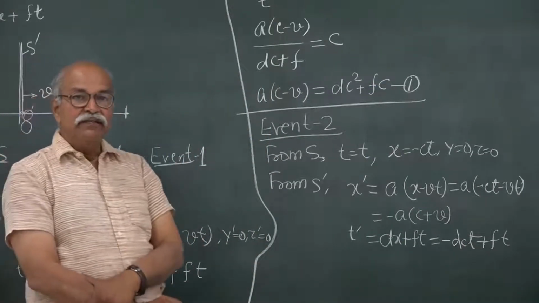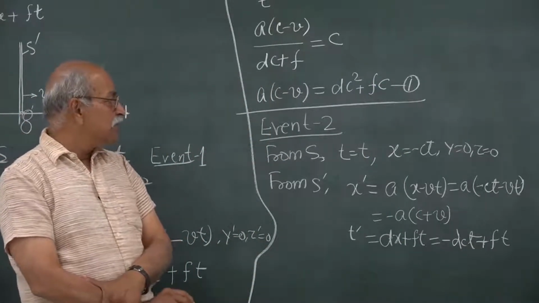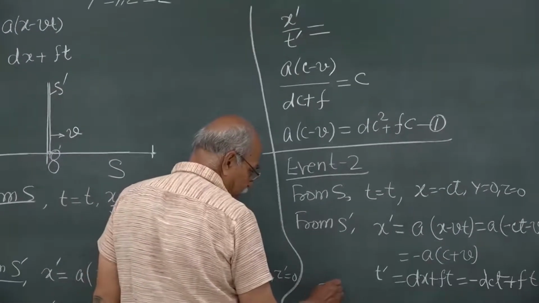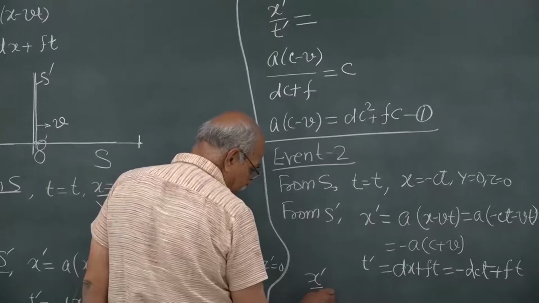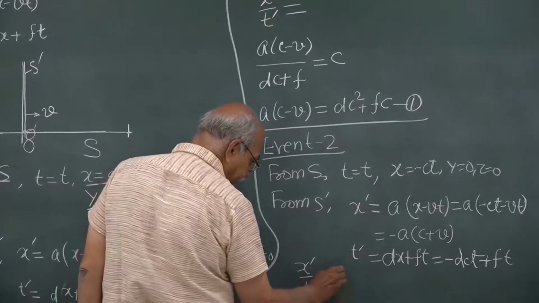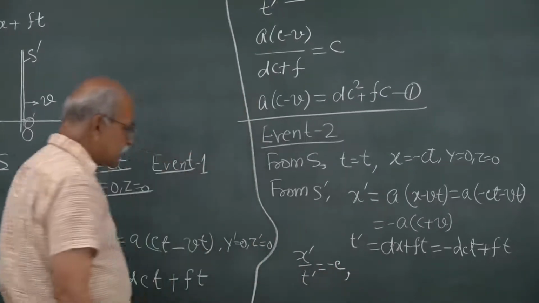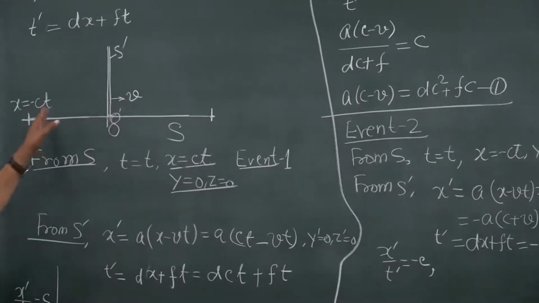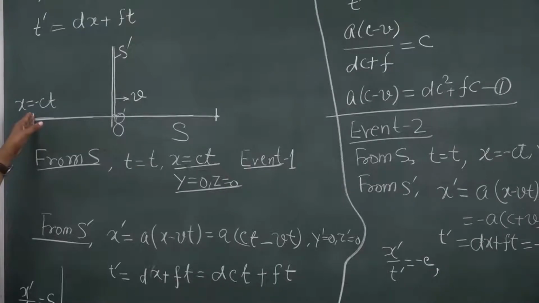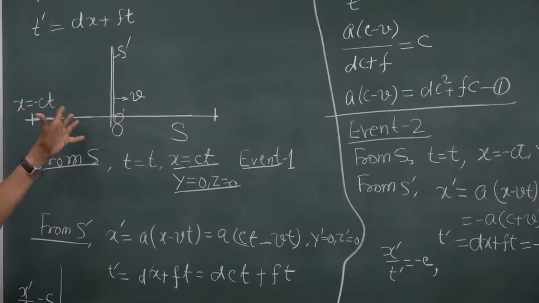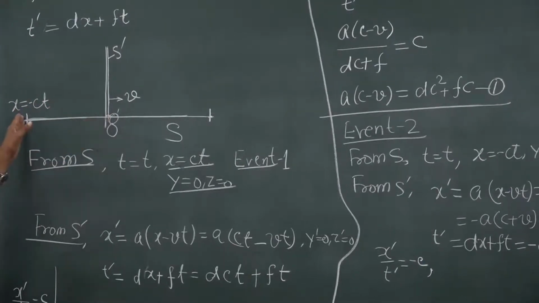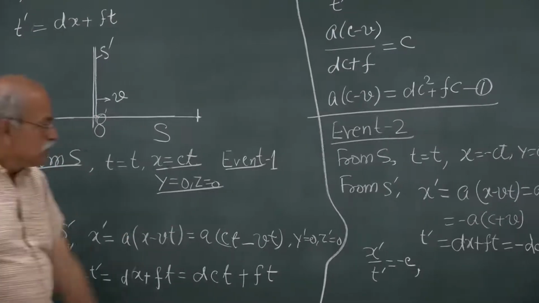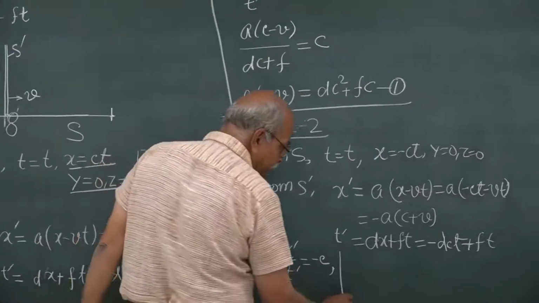And if I divide x prime by t prime, what should I get? X prime by t prime, I should get minus c, right. X prime is the x prime coordinate of this event and t prime is the time. So, x prime is minus c t prime. So, x prime by t prime is minus c. So, you divide here, what do you get?